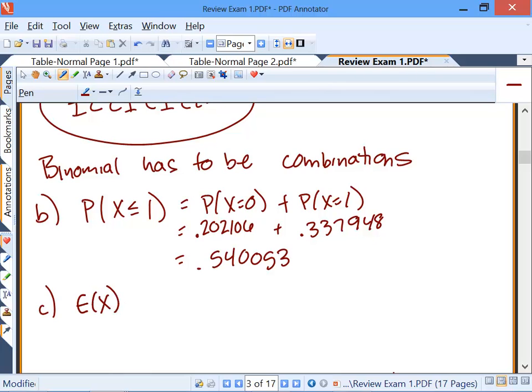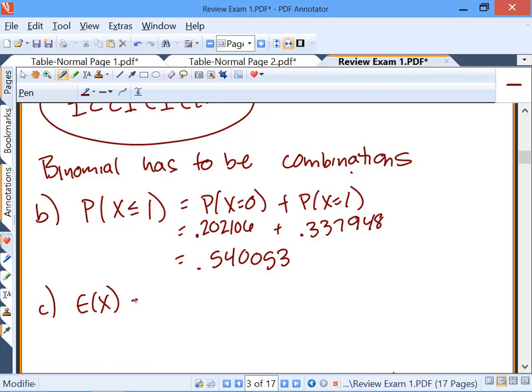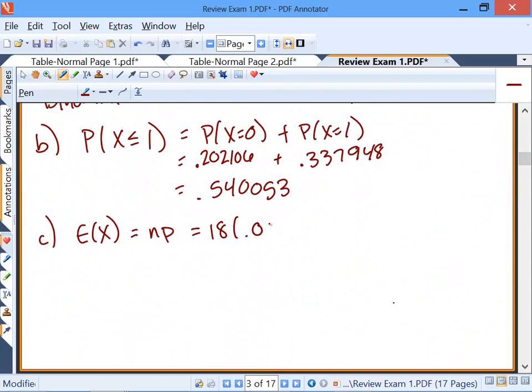And for C, other things I might ask you is, what is the expected value? Or what is the mean number of chips? Or what is the expected number of chips? I might ask you anything like that. For the binomial, remember that there's the formula n times p, which you'll want to have written down somewhere on your sheet. So n is 18, p is 0.085. So 18 times 0.085, the mean is 1.53.